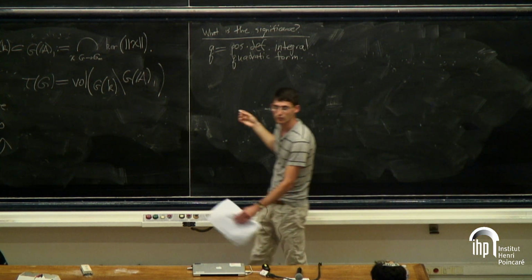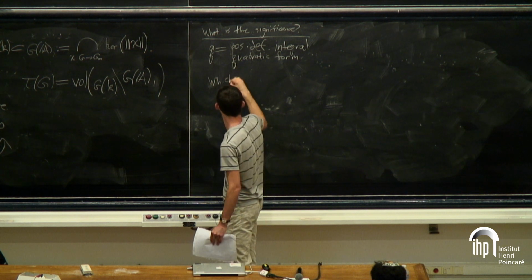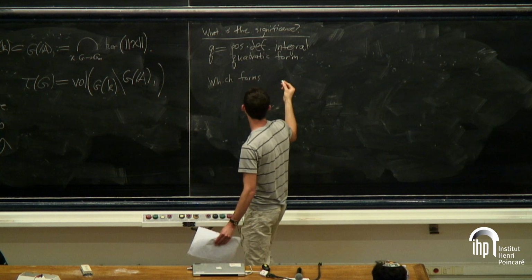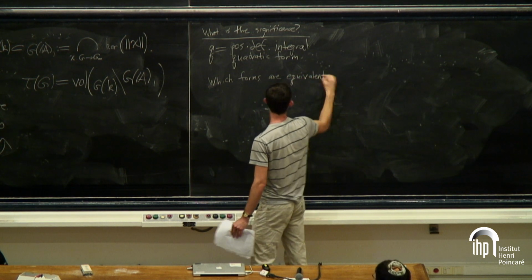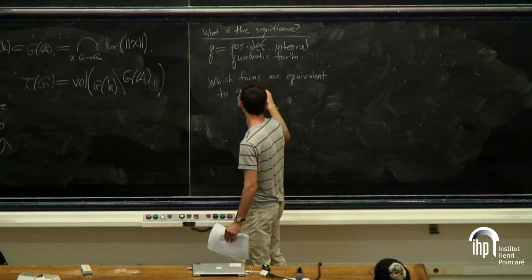One question you might ask is which quadratic forms are equivalent to Q over the rationals.